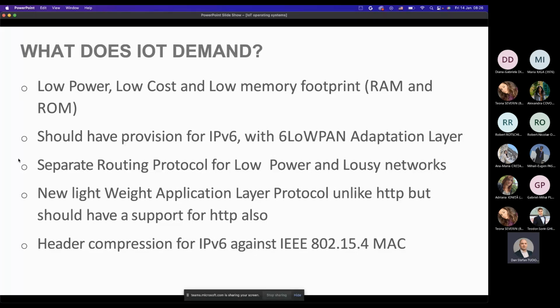And from what we saw in previous lectures, they use kind of the same frequency spectrum as other more established protocols such as Wi-Fi, so 802.11, which means that you're going to have a lot of noise when communicating with these devices. You're going to have a lot of collisions.